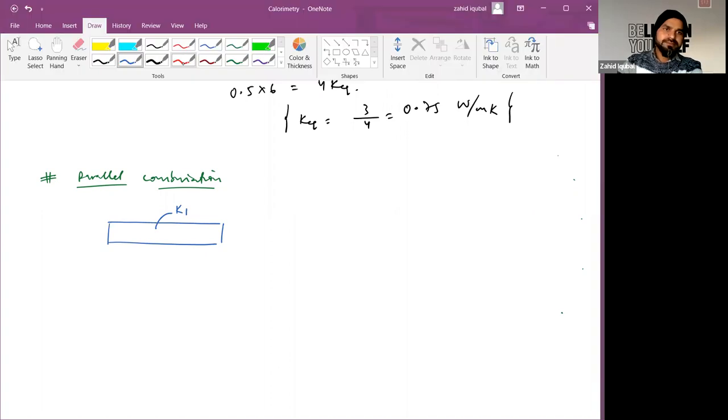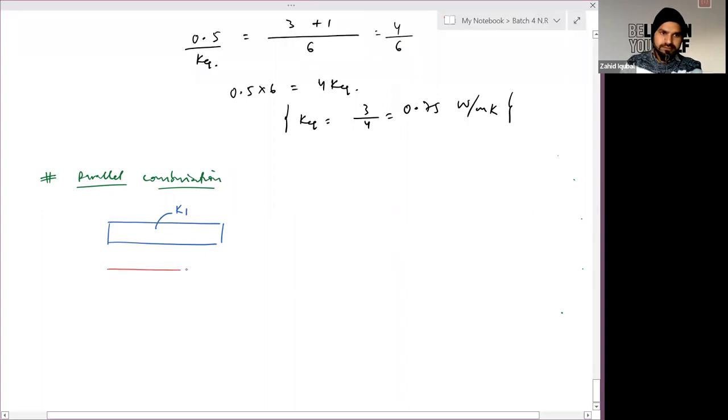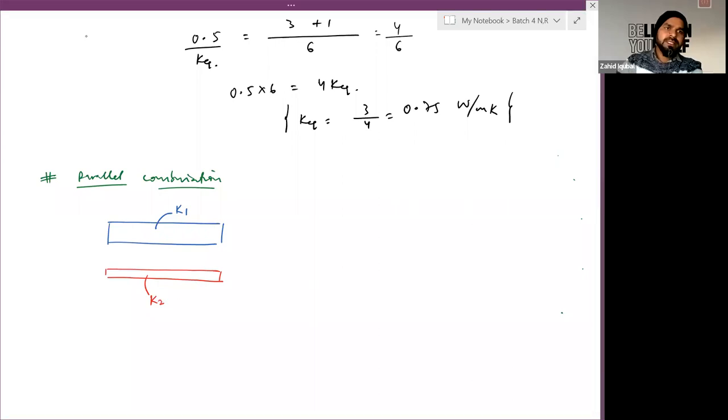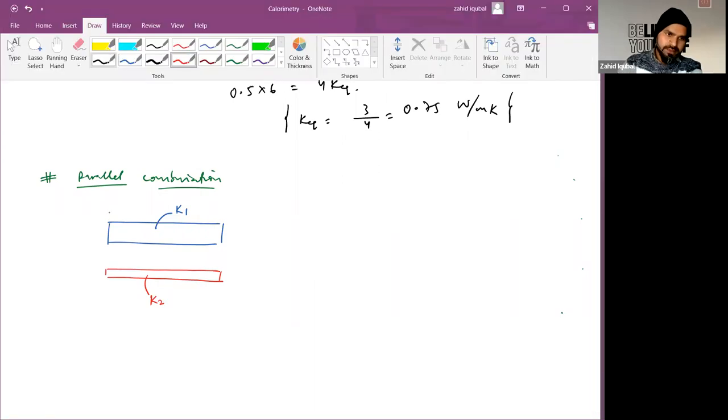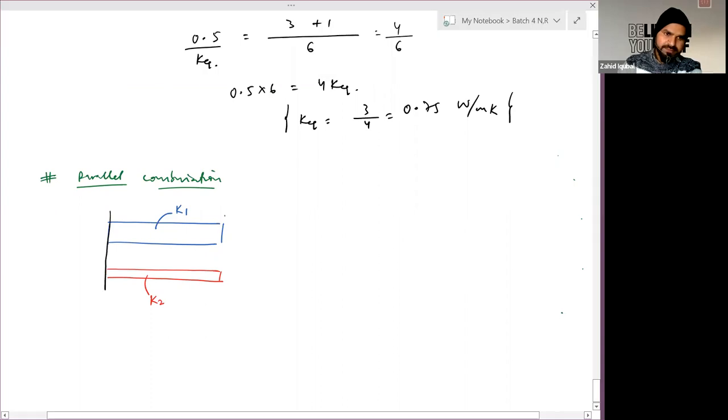Another rod of the same length but of thermal conductivity K2, and connected to the same temperature difference T1 and T2. Area of cross section of this part is A1 and area of cross section of this part is A2.